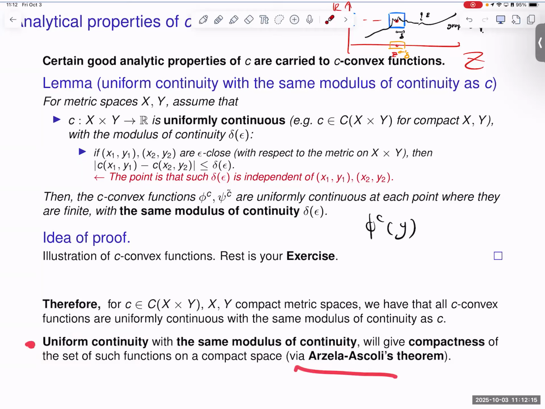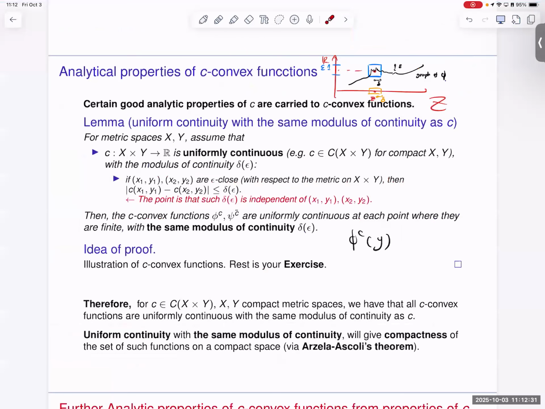So this is an important consequence of having uniform continuity for the family of functions with the same modulus of continuity.